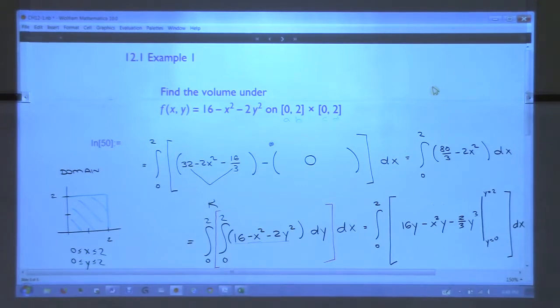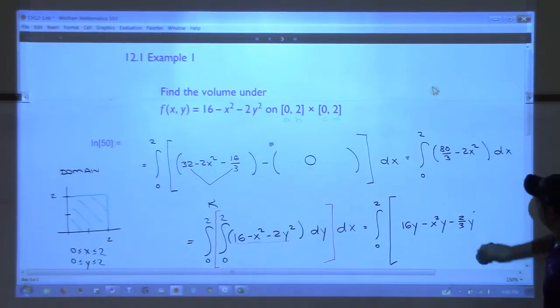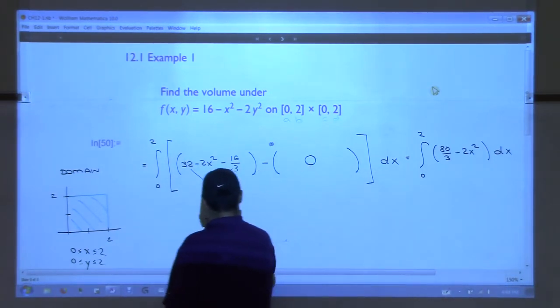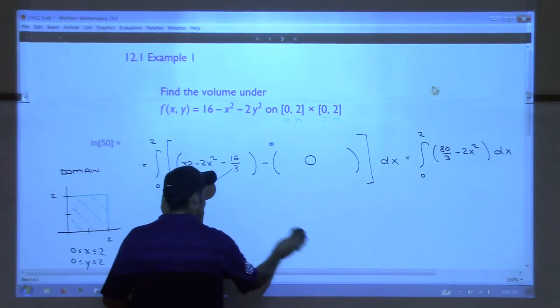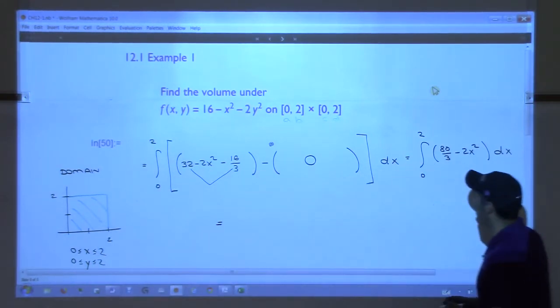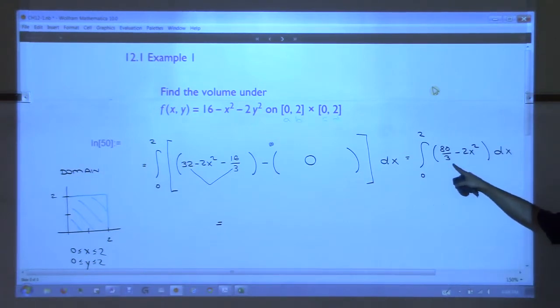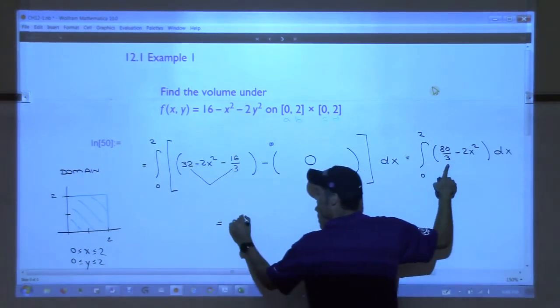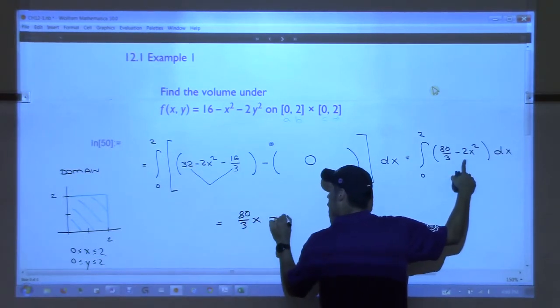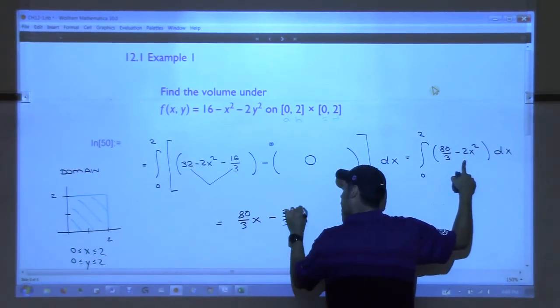And so we go again. So this will be no more integral because I'm taking the antiderivative. Antiderivative of 80/3 is going to be 80/3 x. And then minus 2/3 x cubed.